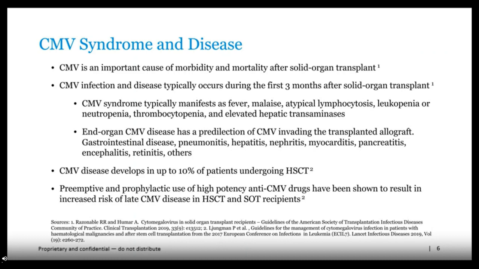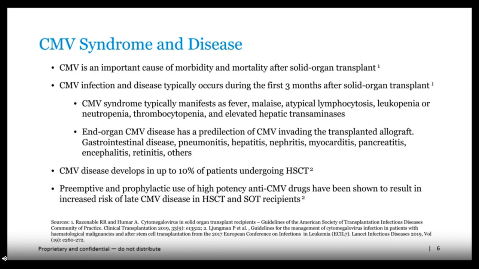End organ CMV disease is most likely to occur in the transplanted allograft, but it also can affect other organs within a transplant recipient: the gastrointestinal tract, the lungs, pneumonia, hepatitis, nephritis, myocarditis, pancreatitis, encephalitis, retinitis, and other organ systems less frequently.